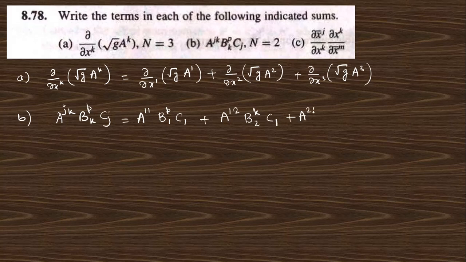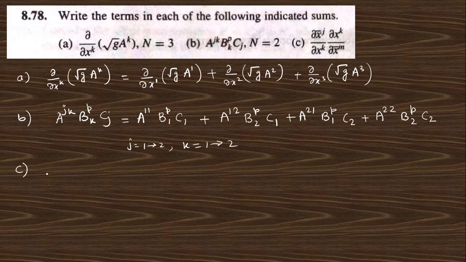Similarly a_21 b^1p c^2, and a_22 b^2p c^2. Clear? Just put j equals 1 to 2 and k equals 1 to 2.